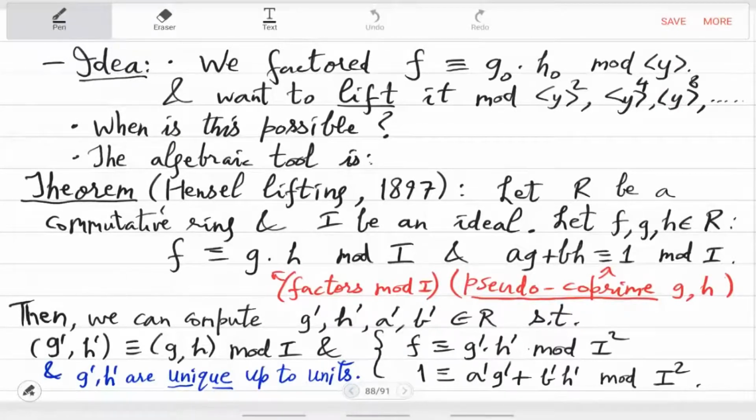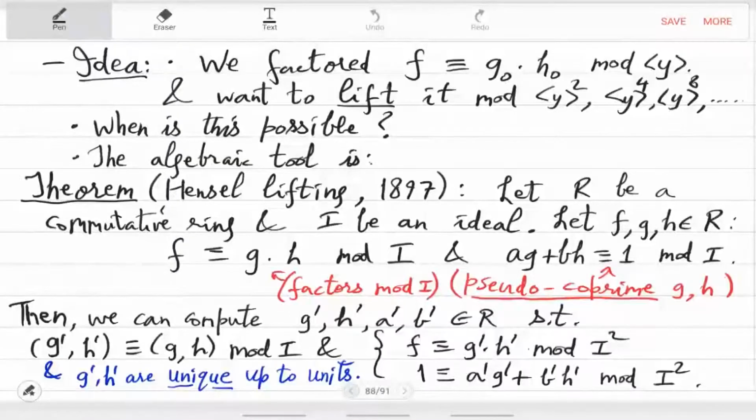So g is of degree d prime and h is of degree d minus d prime in terms of x, and the degree of f is, say, in terms of x it is d. So you start with a nice monic coprime factorization. What is the degree of g prime with respect to x? Does it remain the same as before, d prime? Can it decrease, increase? So basically, we want nice factorizations to lift to nice factorizations also in the bivariate case. I mean, in the bivariate case, we want more properties than what we are promising here, because here we did not talk about degree.